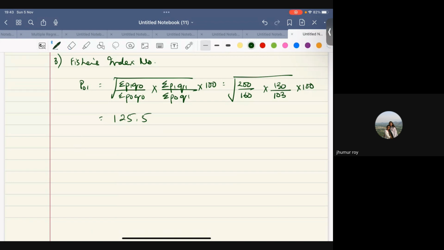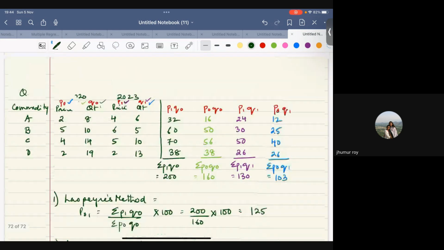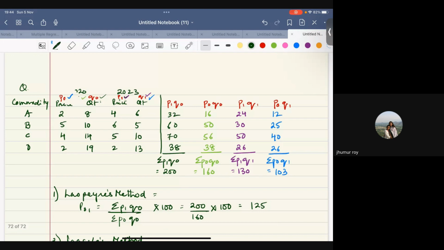First we do a test which is called the time reversal test, and then something called the factor reversal test. What does the time reversal test mean? It means that if we change the time. In this question, we have taken 2020 as the base year period and 2023 as the new period.